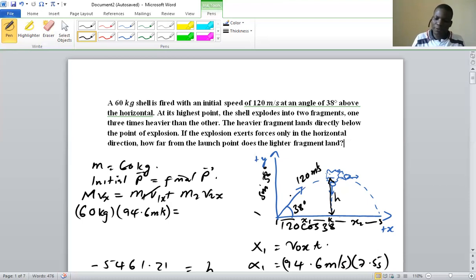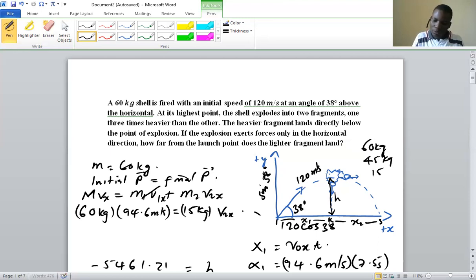So it means if the heavier particle is 3 times heavier than the smaller one, and the total mass is 60 kg, it means that the heavier one is 45 kg, and then the smaller one is 15 kg.